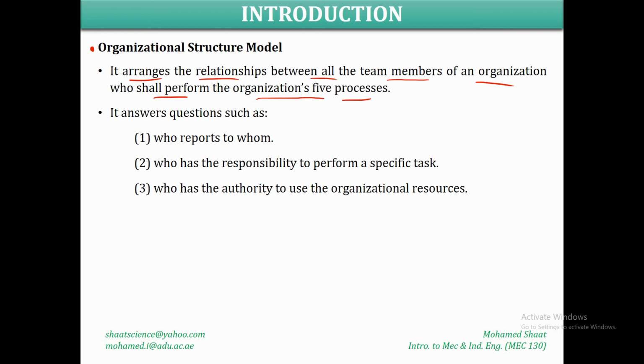So what does the organizational structure model mean? This is the way we arrange the relationships between all the team members of an organization who shall perform its 5 processes or activities. Actually, this structure answers the question: who shall report to whom?